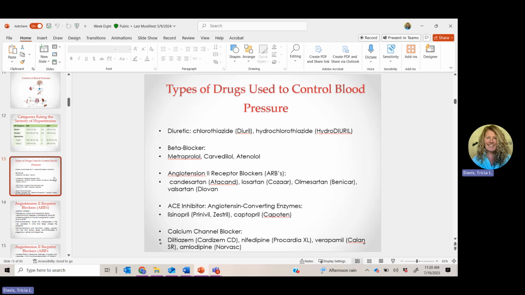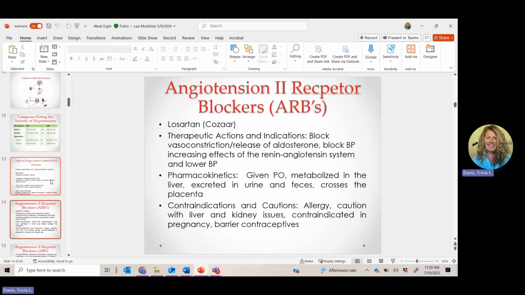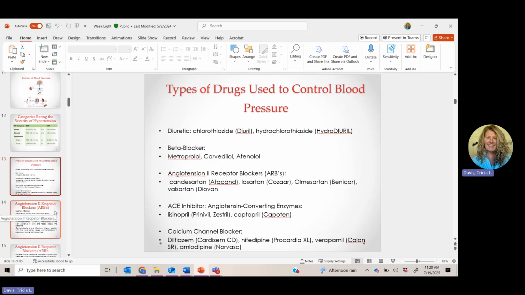So these end in sartan. We have our ACE inhibitors. These are our angiotensin converting enzymes, lisinopril and captopril. We have our calcium channel blockers. We have diltiazem, nifedipine, verapamil, and amlodipine. Unfortunately, none of those have the same letters, so you just kind of have to remember what they are.